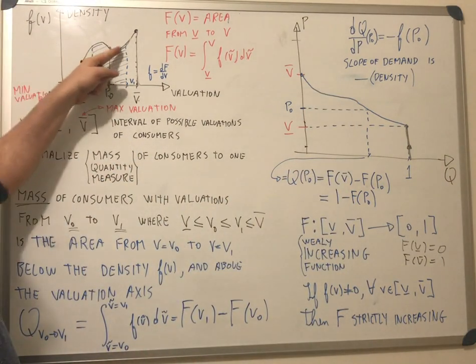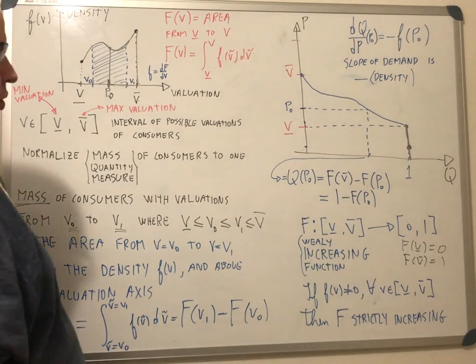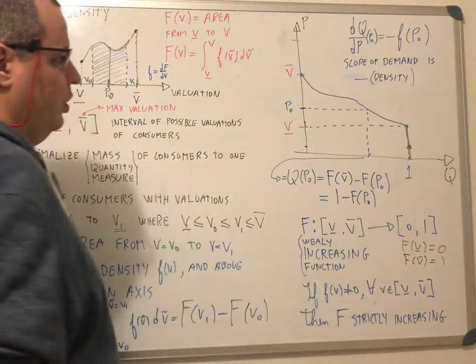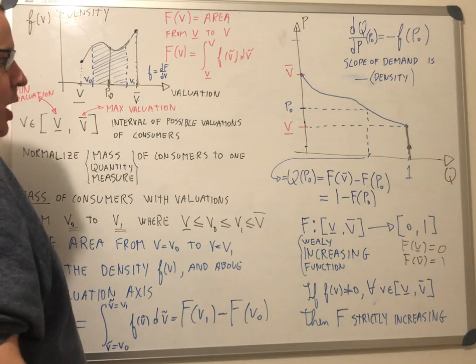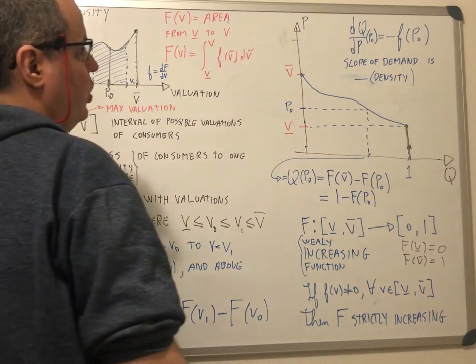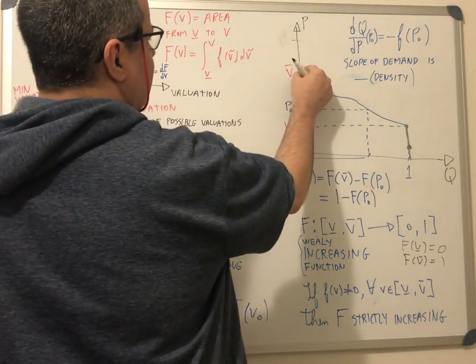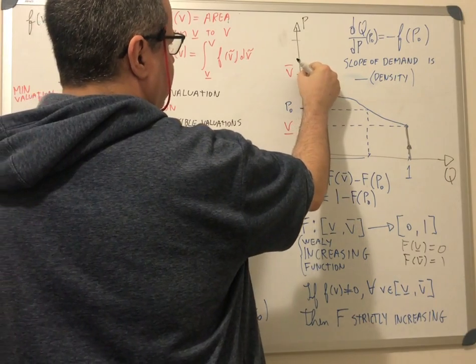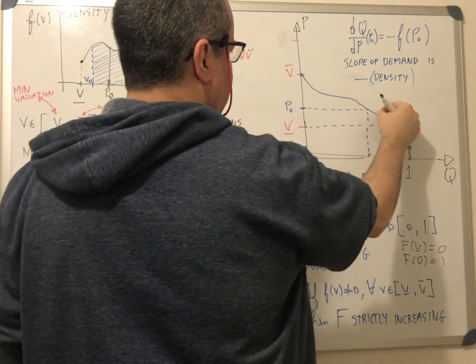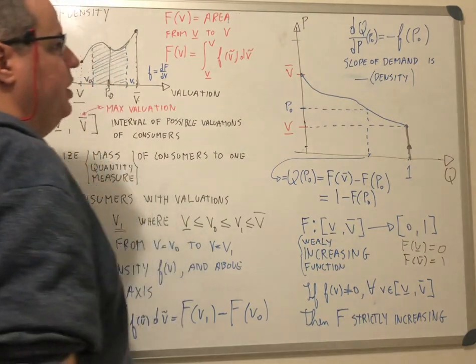The density is always strictly positive, so the cumulative distribution is strictly increasing, which means that here the demand curve is always decreasing.